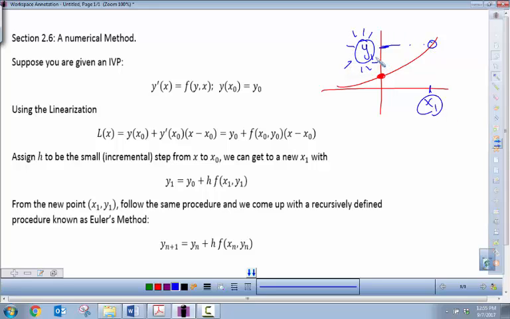And in some cases, you don't care about what the function is or what it looks like. You just want to get these values out. And so with numerical methods, we're going to try to approximate a solution, and we're not going to necessarily find the function, but we're going to approximate the solution at a particular point. Does that idea make sense?